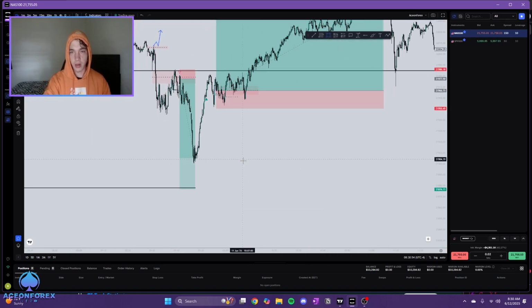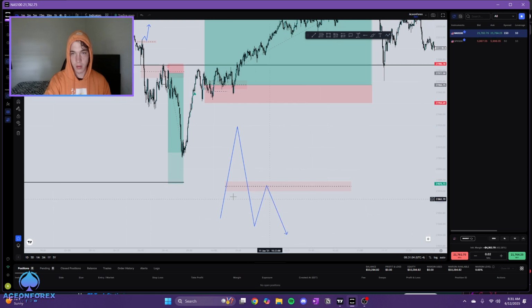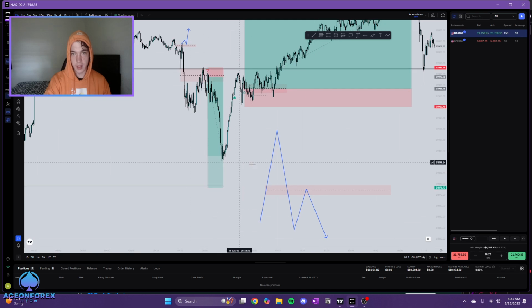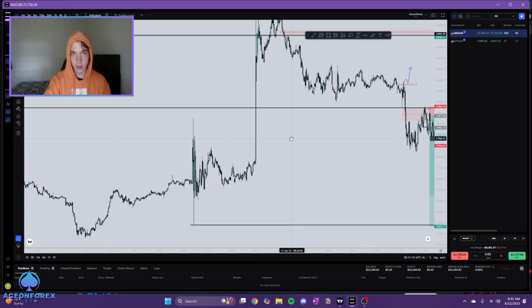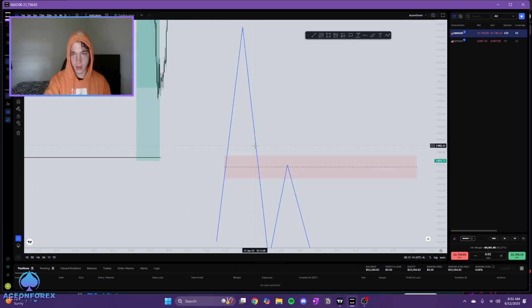So basically what you're doing is you want to see this price manipulate buy side. Like over here, we ran buy side. Time and price is your best friend.